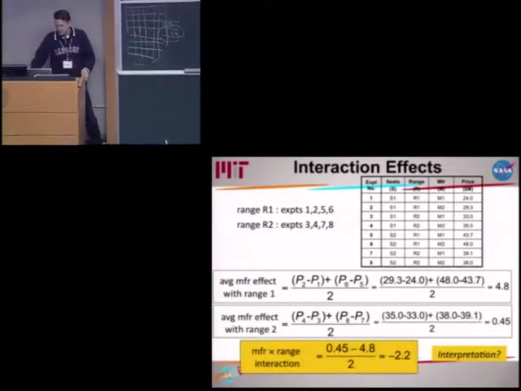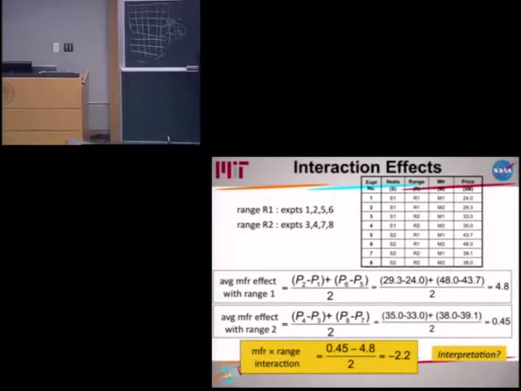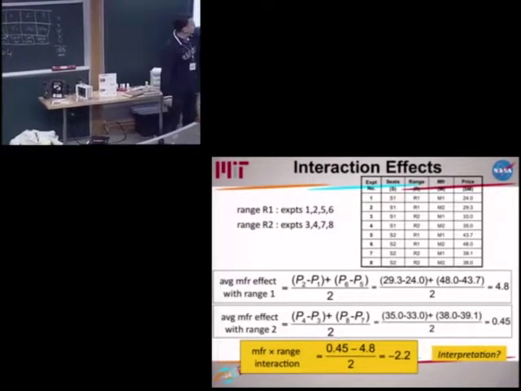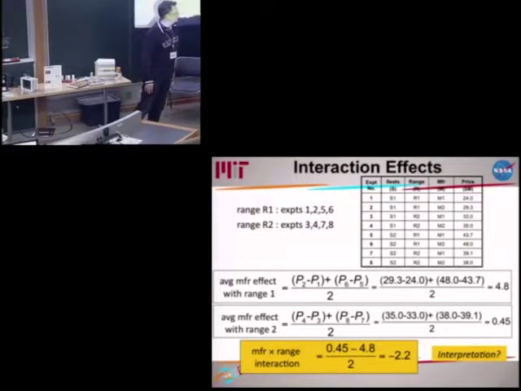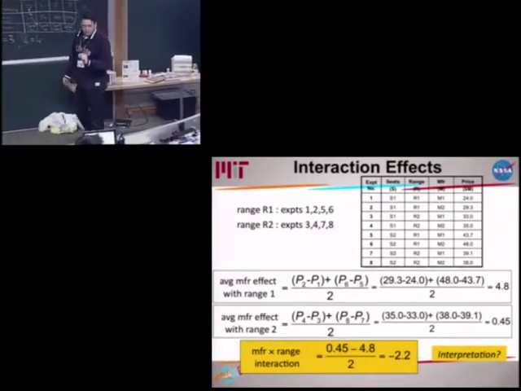So if we look at the interaction effect, essentially it's the difference at range 2 minus the difference at range 1, divided by 2, the average, right? And this is minus 2.2 million.